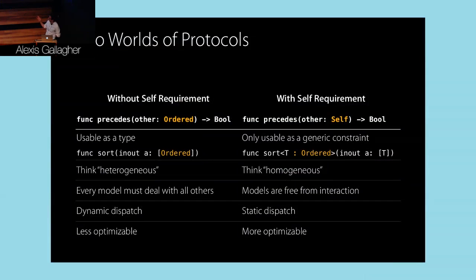There's the contrast between dynamic dispatch, which is func sort in out a of array of Ordered, and static dispatch, which is func sort parameterizing over Ordered things, because Ordered is a PAT, and then you have an array there, or there at the bottom, dynamic dispatch, static dispatch.